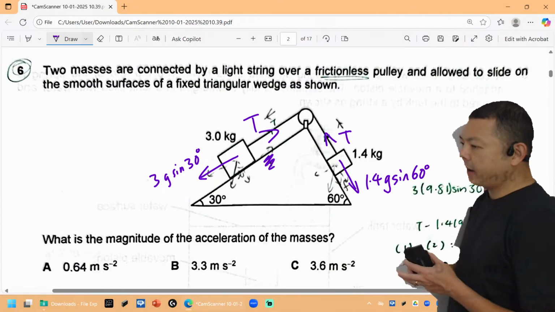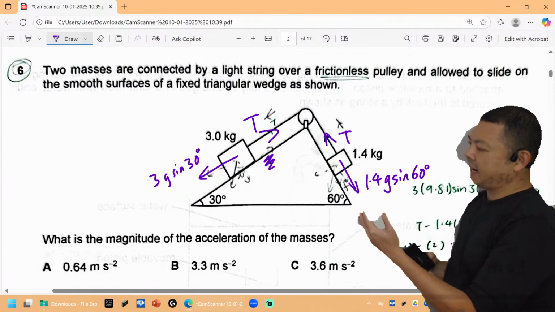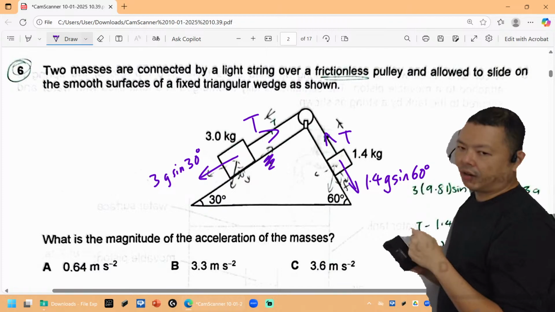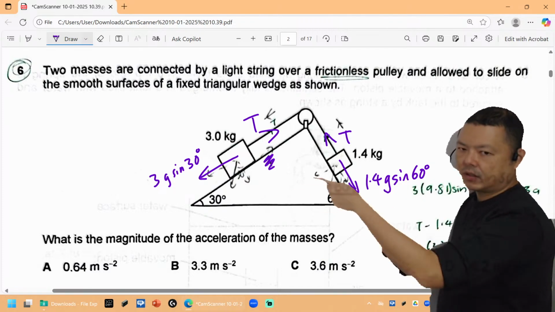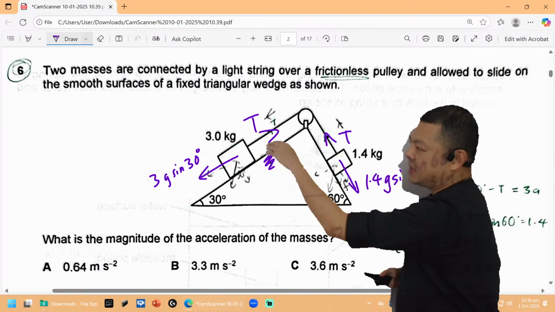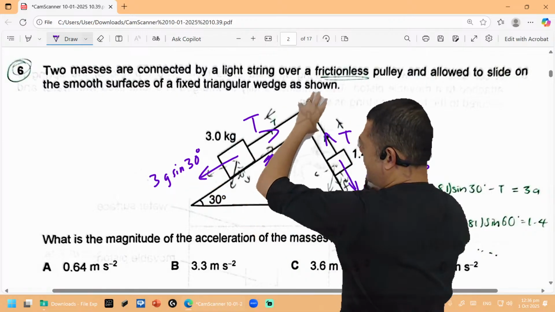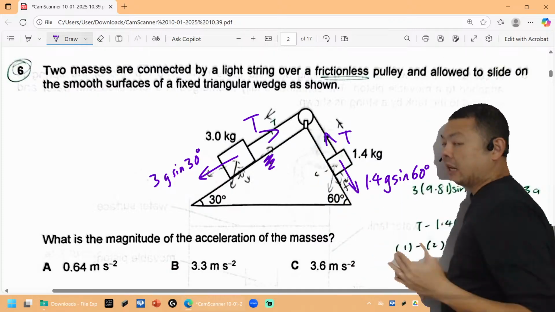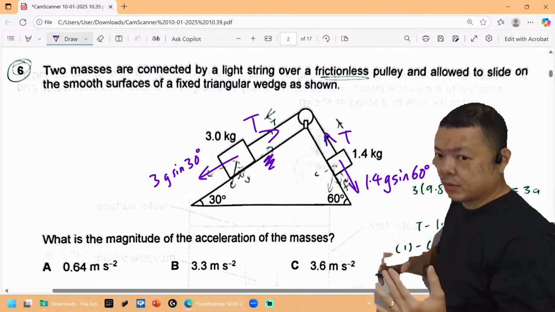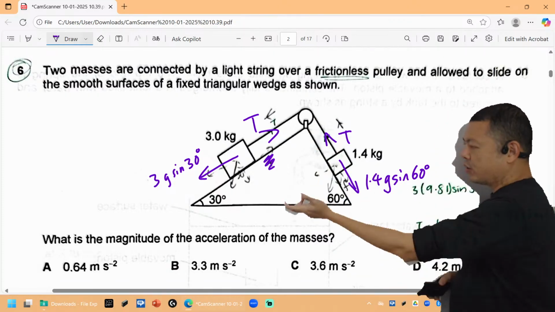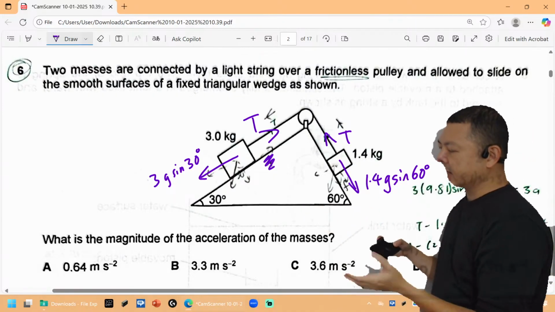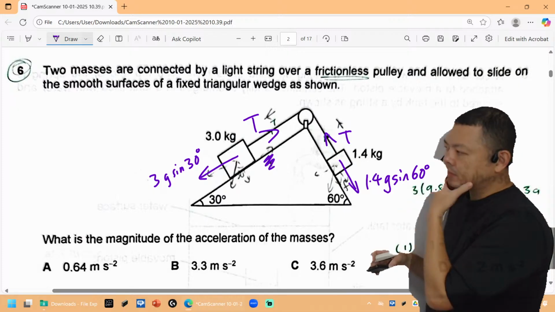So in a way, if you need to decide where it is accelerating to, you have to compare these two forces. If this is more, then the whole system will go this way. If this is more, then the whole system will go this way. Now I can't eyeball which one is more, so I would suggest that you calculate it out and compare. It's not too long, maybe 5 to 10 seconds. Punch it out.